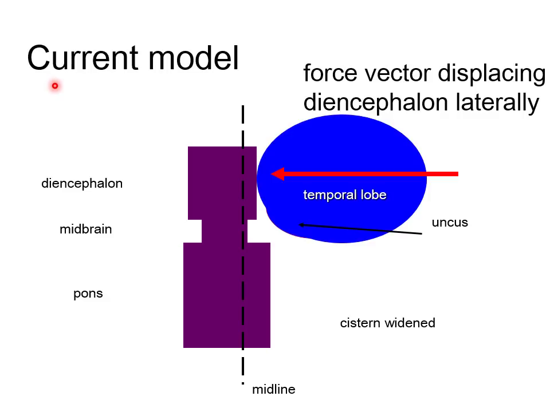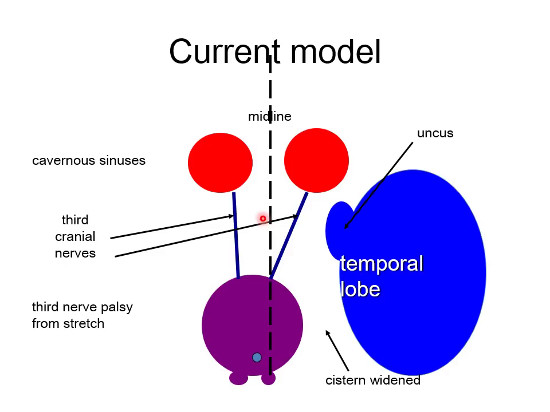The model suggested that there was a lateral pressure from the temporal lobe on the uncus, pressing on the brainstem, hitting between the thalamus and the midbrain and hitting the third nerve. And we see here the third nerve that might be pressed on by the uncus coming over the tentorial notch.